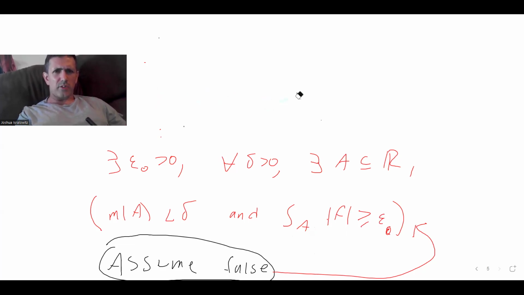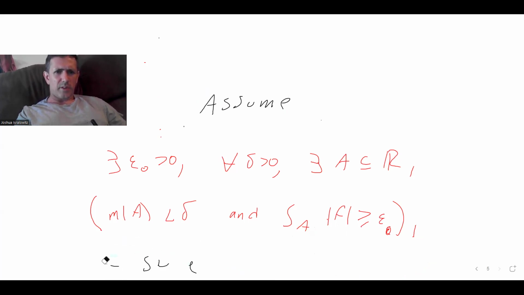We're going to get a contradiction from this. There exists an epsilon where for any delta, no matter how small, we can always pick an A where this is nice and small, but this is still bigger or equal to epsilon. Intuitively, this makes sense as the negation of the problem.